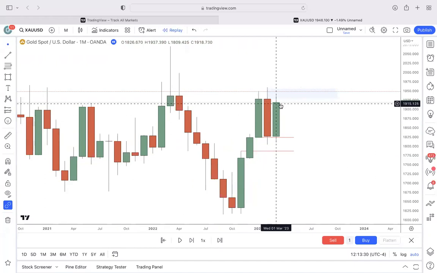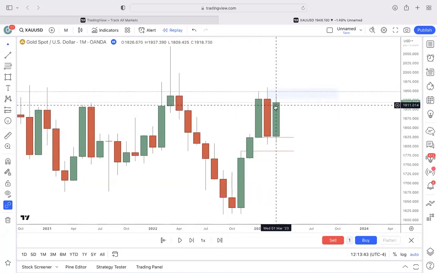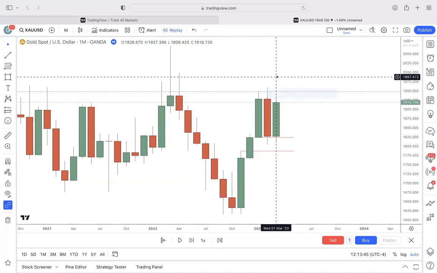So let's say you see a 1 hour bullish setup on gold. You want to come back to this monthly chart, okay? It would only make sense because this monthly candle is still trading. So an hourly bullish setup on gold would make this monthly candle trade higher.